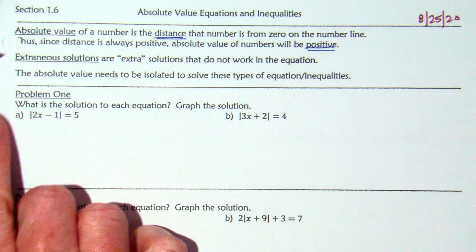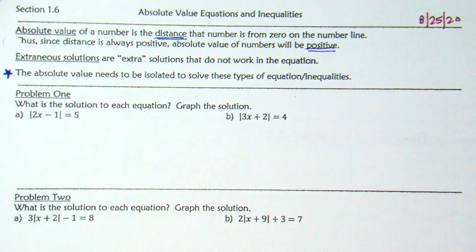And finally, absolute value needs to be isolated to solve these types of equations and inequalities. So as we go through class today, I'm hoping you'll get tired of me asking the same two questions all period long. That's my hope, because that means it's kind of stuck in your head. The first question I'll be asking every problem is, is the absolute value isolated? Okay?